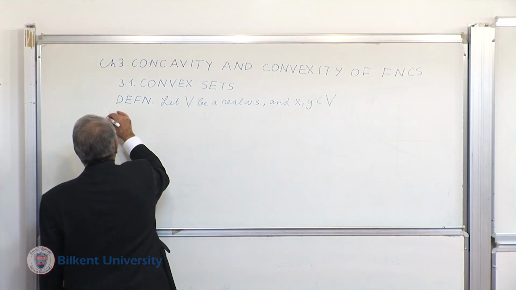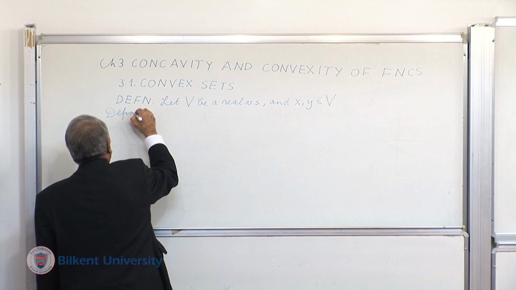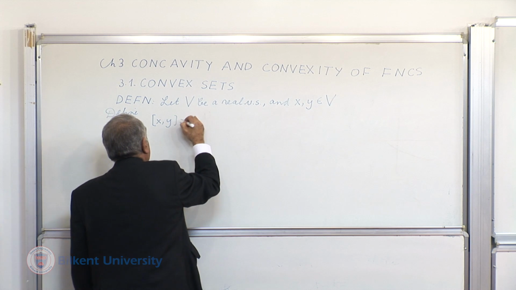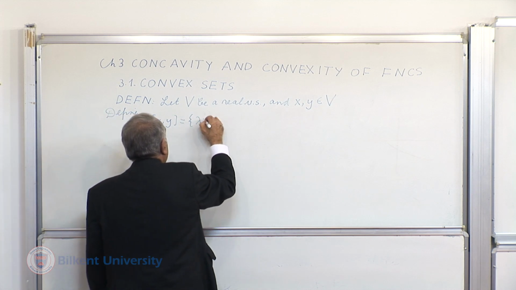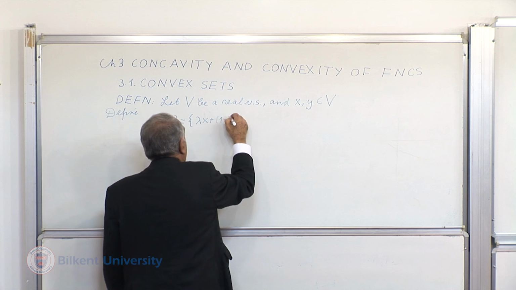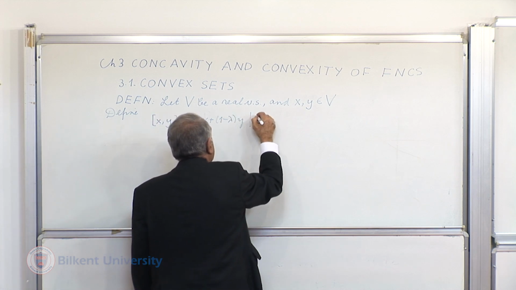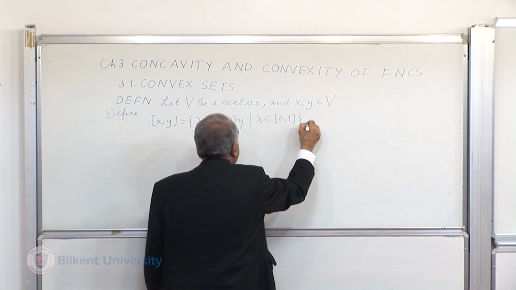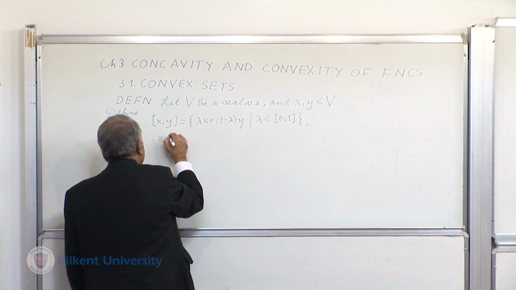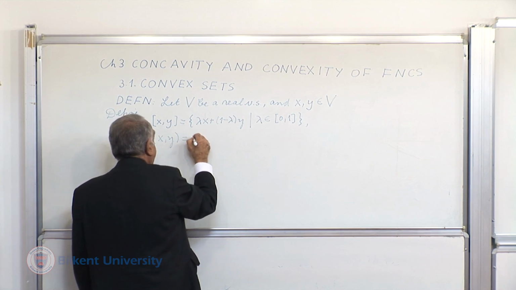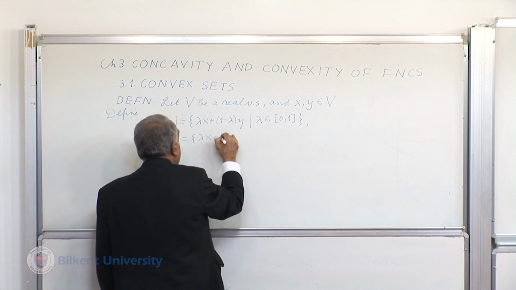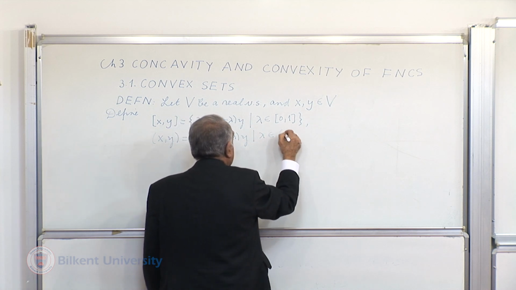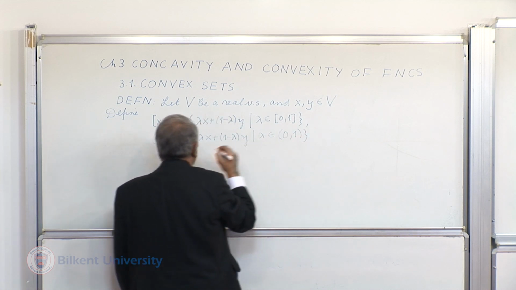We define the segment [x, y] as lambda x plus 1 minus lambda y, such that lambda is in [0, 1]. The open segment (x, y) is lambda x plus 1 minus lambda y, such that lambda is in the open interval (0, 1).